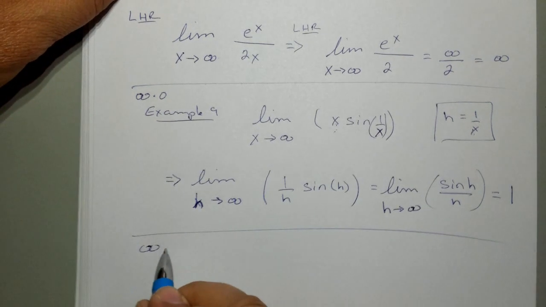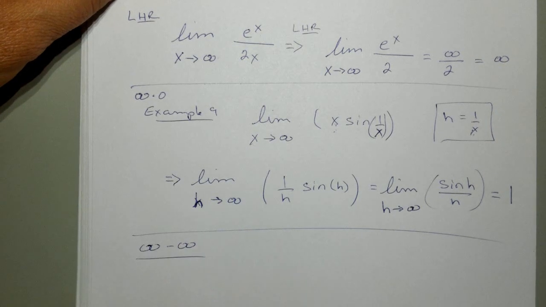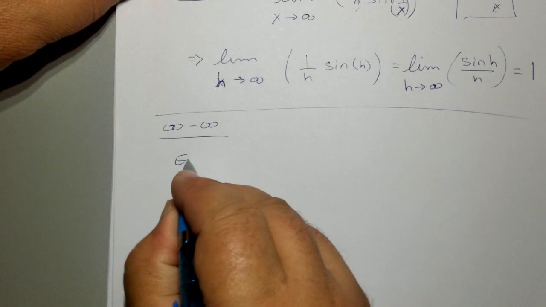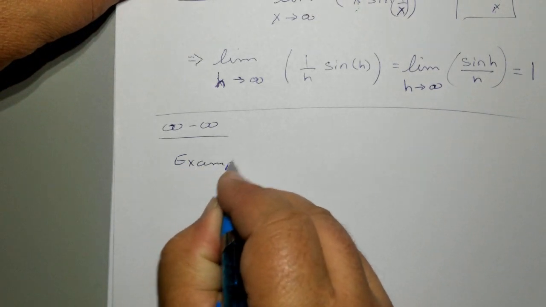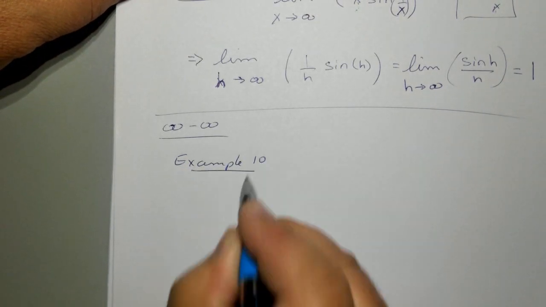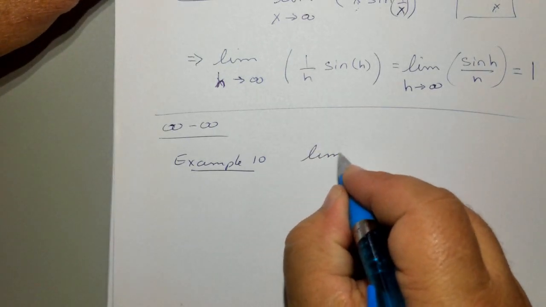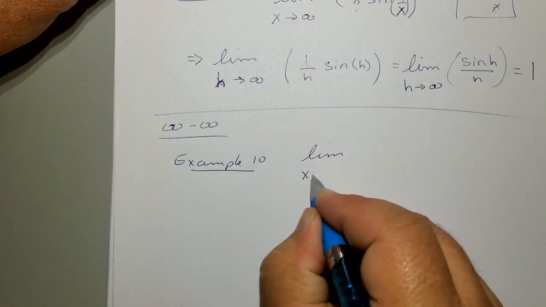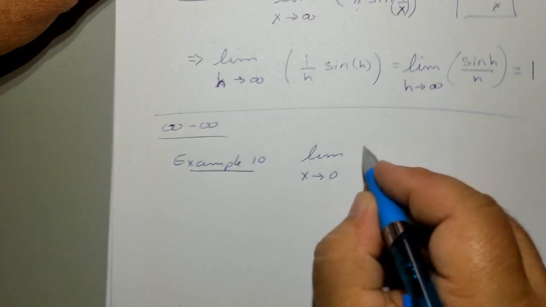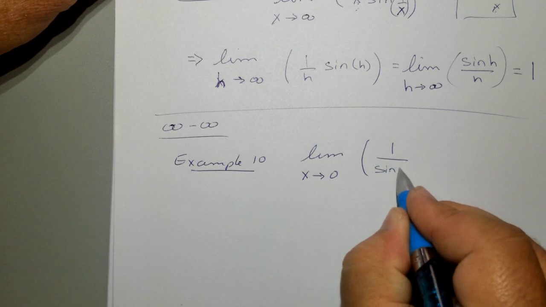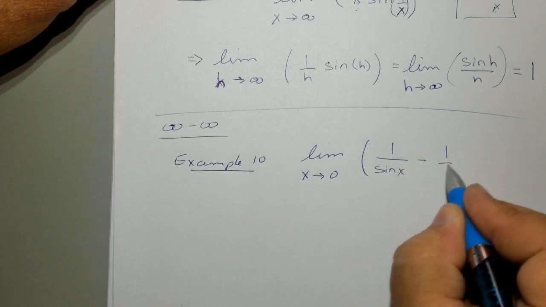Let's look at infinities minus infinities. Example 10. Limit as x approaches 0 of 1 over sine x minus 1 over x.